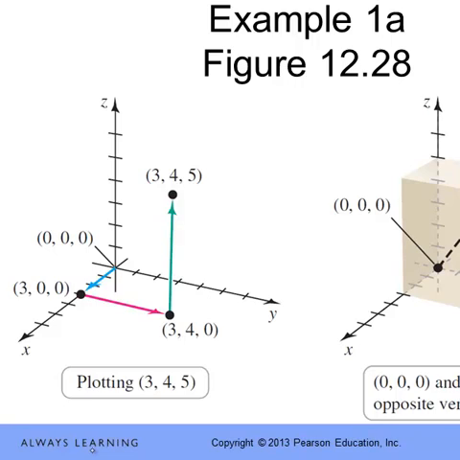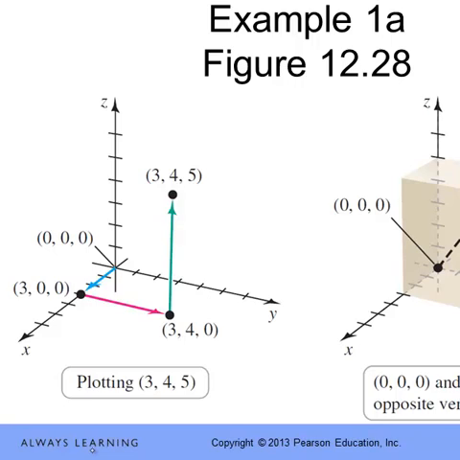You can kind of think about this point, 3, 4, 5, as being the coordinates of the point that's at the opposite vertex or corner of a rectangular box, where the other corner, the opposite corner in the diagonal sense, is at the origin.